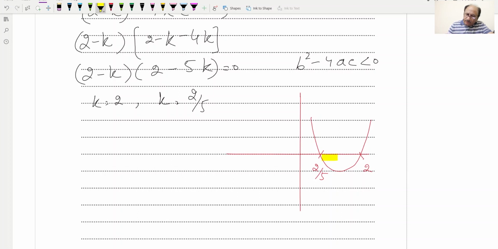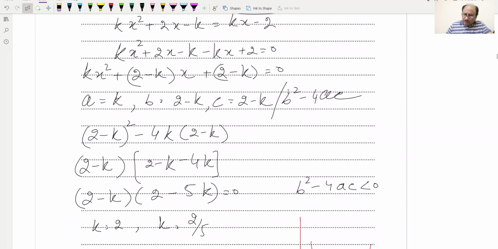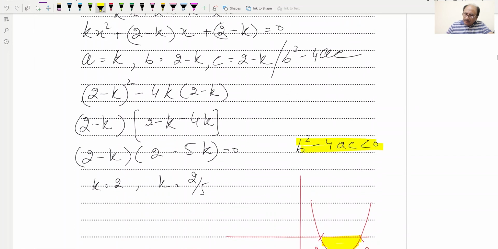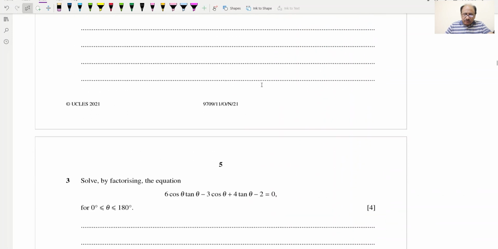It should be this one, because this is less than 0, as b squared minus 4ac is less than 0. So we are taking this range. Our answer will be k should be greater than 2 over 5 and less than 2. This will be our range and our final answer.